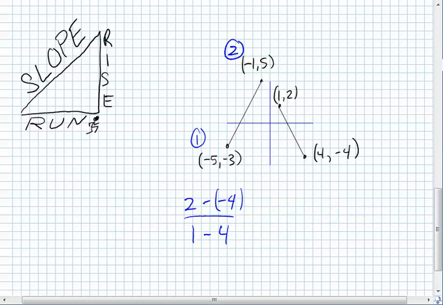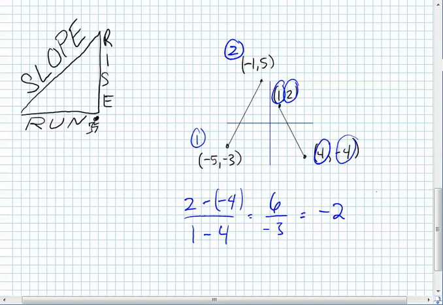Well, if you took the first coordinate there as your first, it doesn't even matter what we call it. I went 2 minus -4 for my rise, and then 1 minus 4 for my run. 2 minus -4 is the same as 2 plus 4, so that's 6. 1 minus 4 is -3, so that's 6 over -3, which is -2.